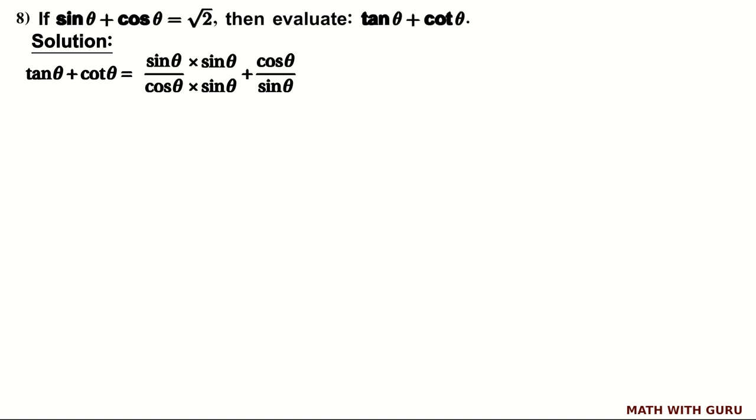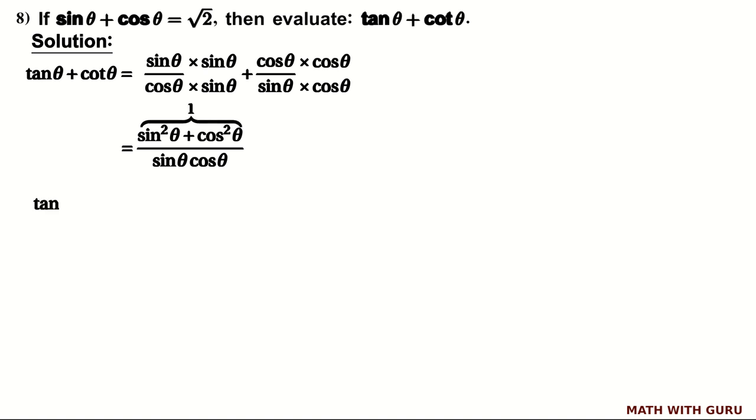Therefore, multiply by sin theta here, both numerator and denominator. In the second term, multiply by cos theta, both numerator and denominator. We get sin square theta plus cos square theta whole divided by sin theta cos theta. But sin square theta plus cos square theta equals 1.